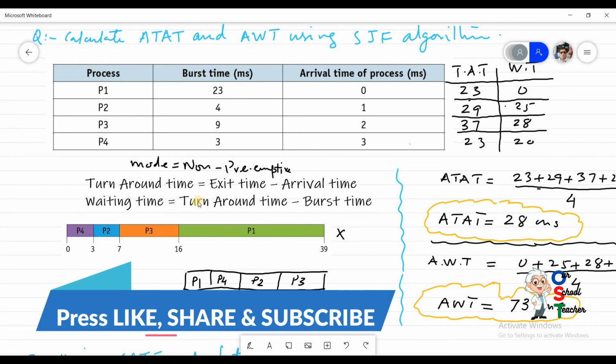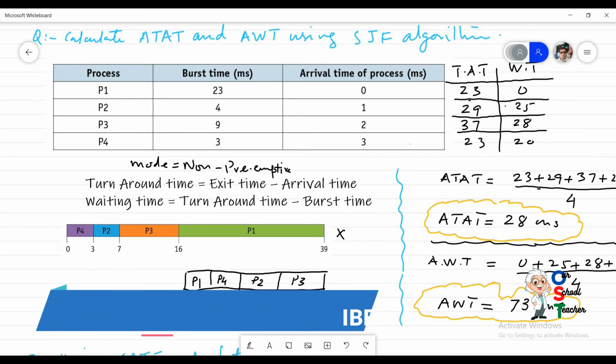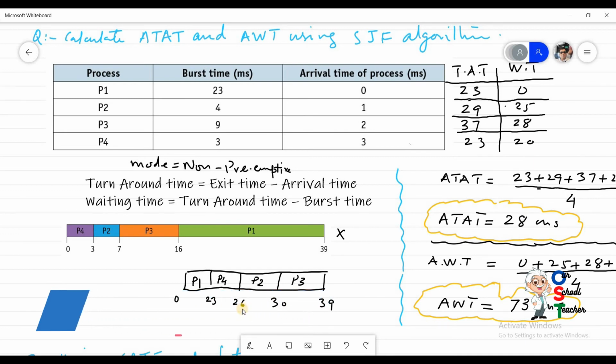You can see P4 requires only 3 milliseconds. So it will be put in the ready queue and given CPU time. It will take its whole time to complete its job, and because it requires 3 milliseconds, 23 plus 3 is equal to 26. Similarly, after its completion, P2 will be prioritized and put in execution, and it will take 4 milliseconds.